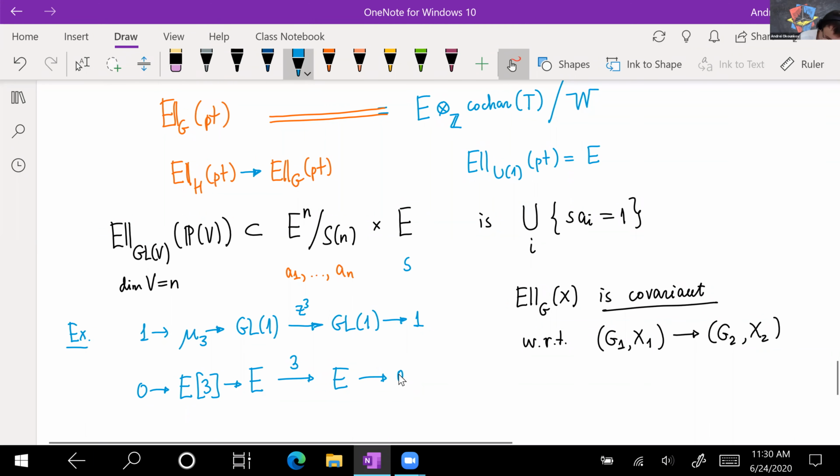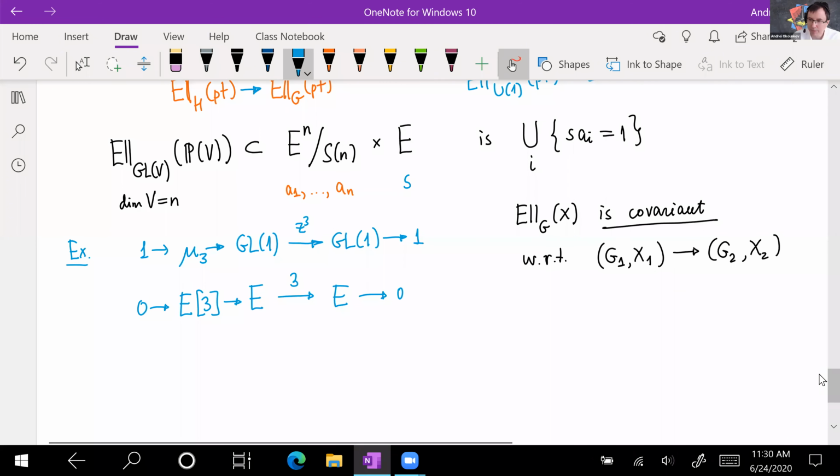Sorry. Usually people write things additively on abelian varieties. If you think of the elliptic curve as over C, given by C mod Z plus Z tau, this would look like this.